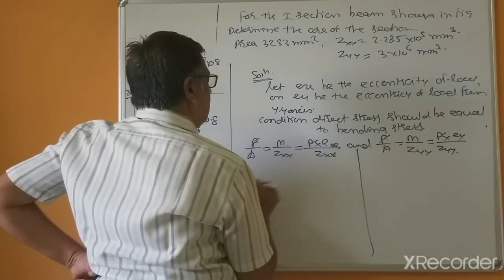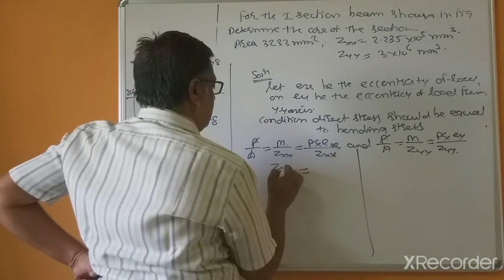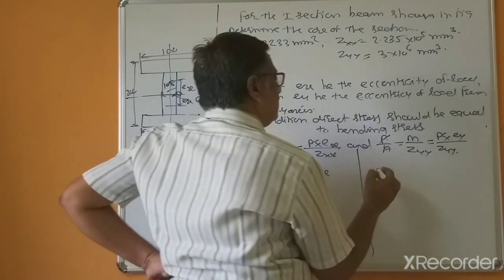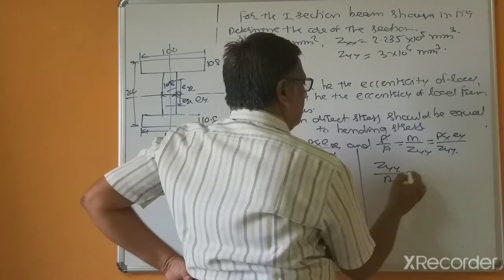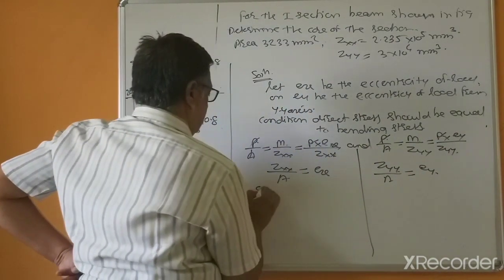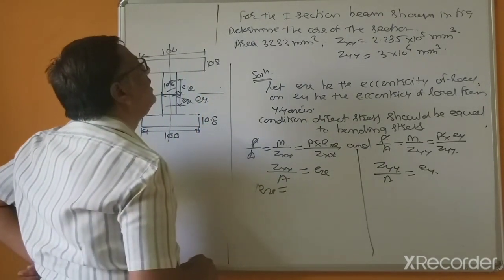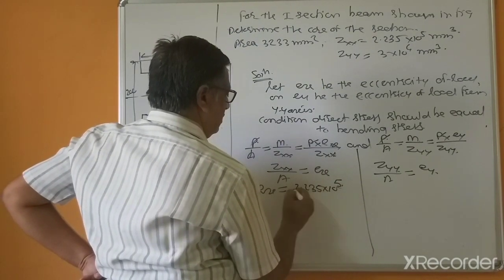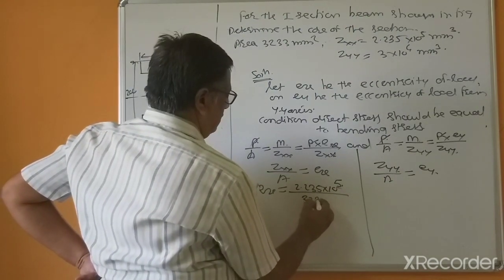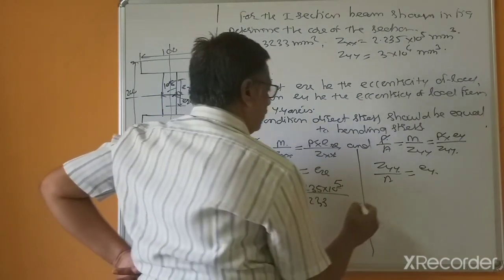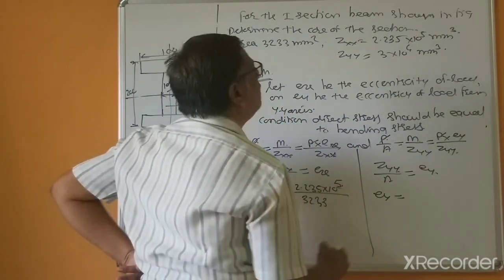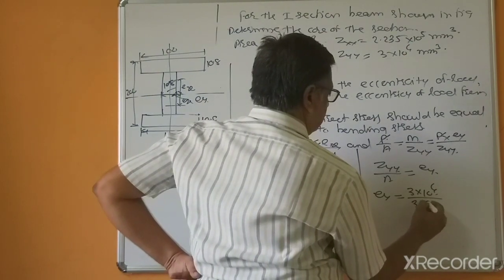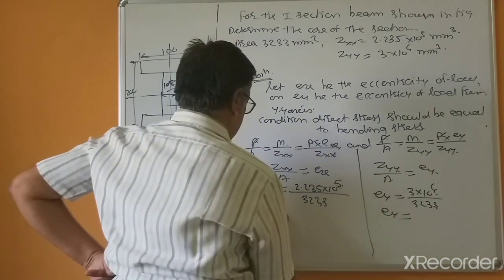And you can write Ex equal to Zxx divided by A, Ey equal to Zyy divided by A. Ex equal to 2.235 into 10 to the power 5 divided by area 3233, and Ey similarly 3 into 10 to the power 5 divided by area.